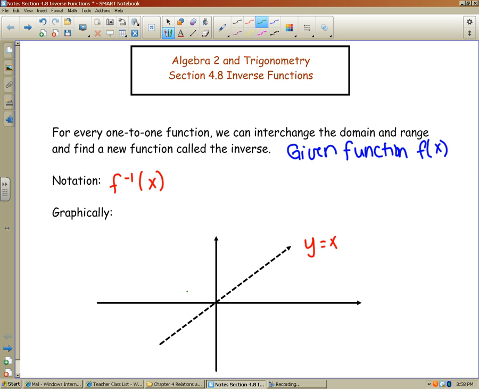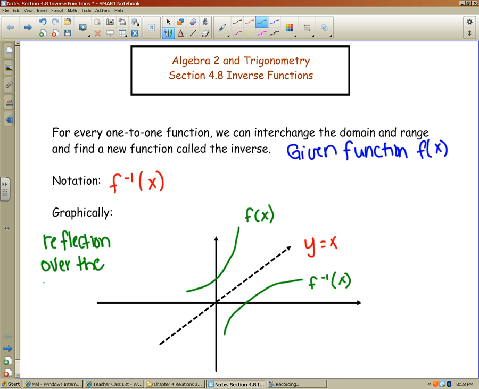So if this is our function, f of x, the inverse, you're going to take it, reflect it over that line. Okay, should be equal distance. That's our inverse function. So graphically, it's a reflection over the line y equals x.